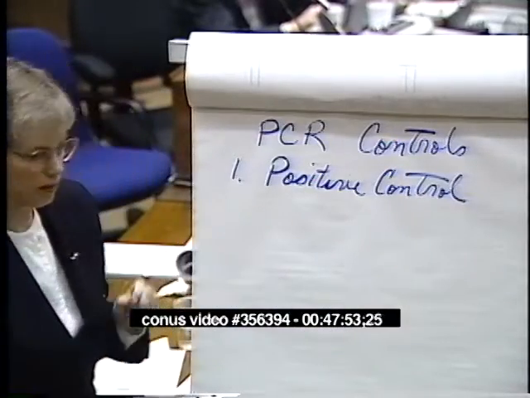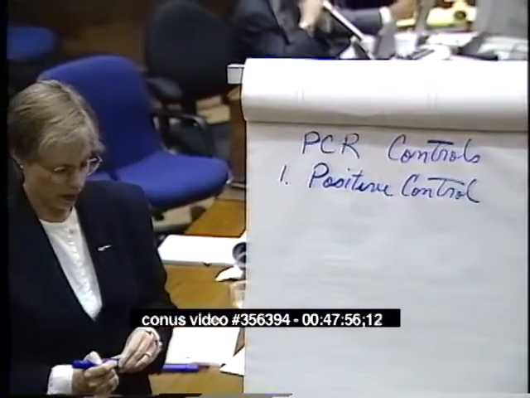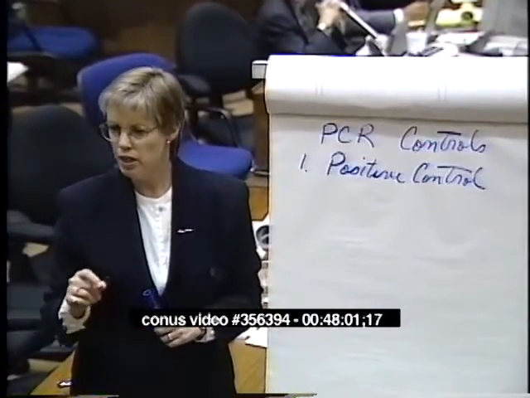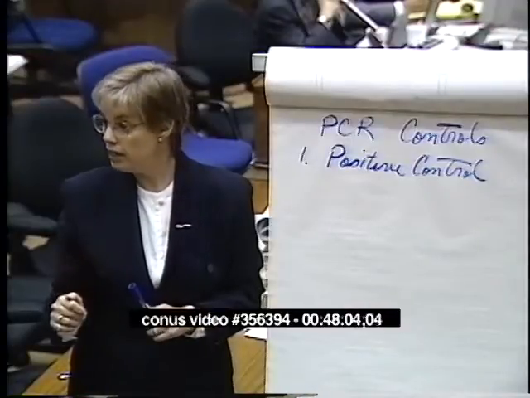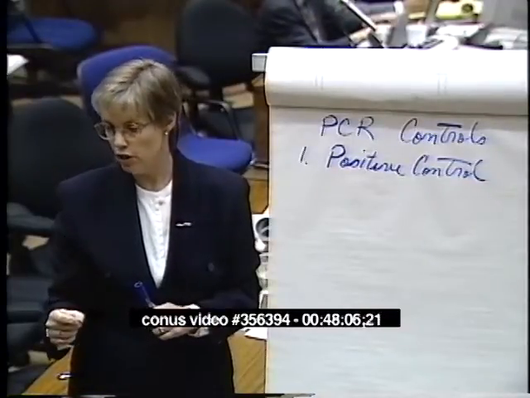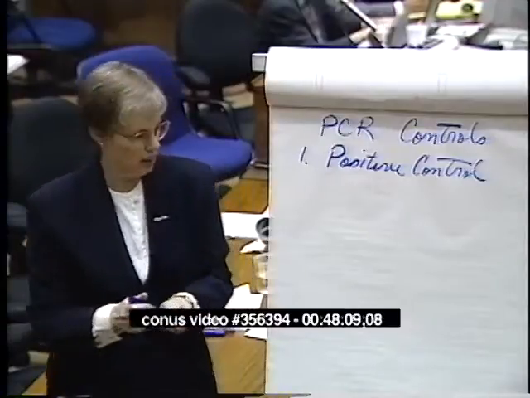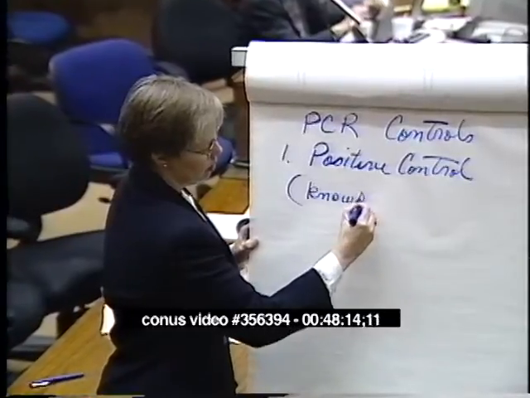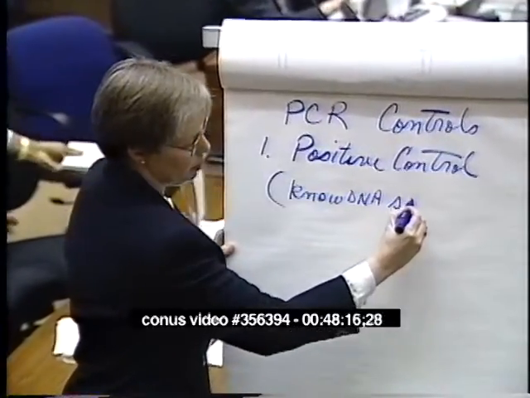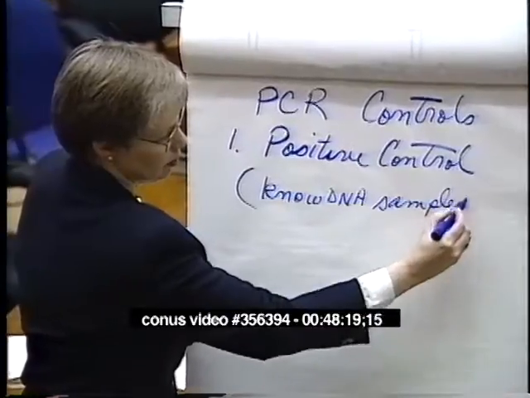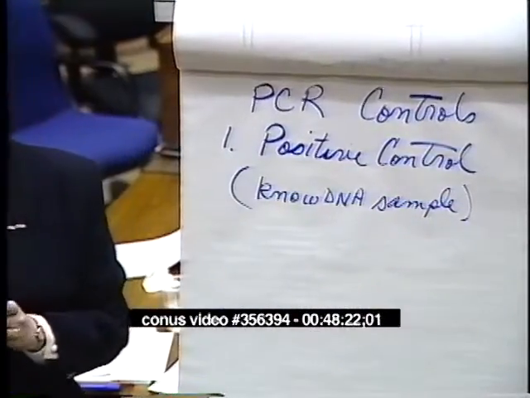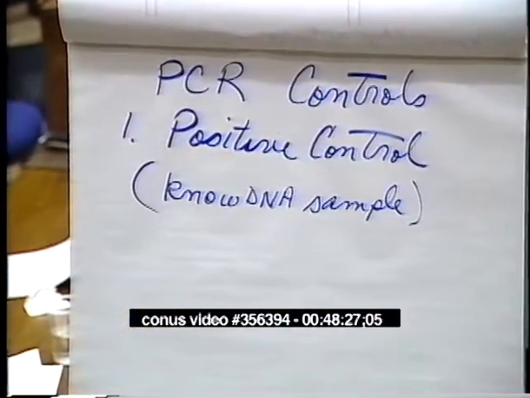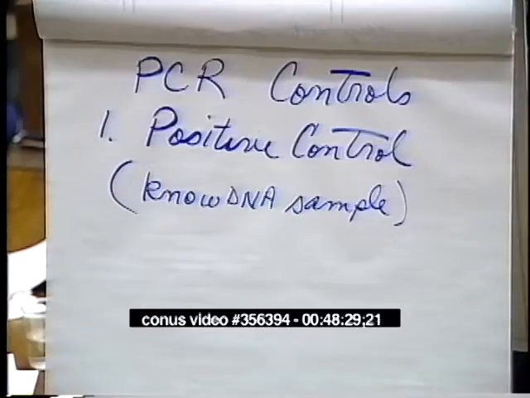And if you would, describe again what its role is in this typing process. Positive control contains a known DNA sample that has been typed many times, so the type for this known sample is known. So you have a known DNA sample. You carry that, it's set up at the point the amplification is set up, and it's carried through the rest of the typing procedure.